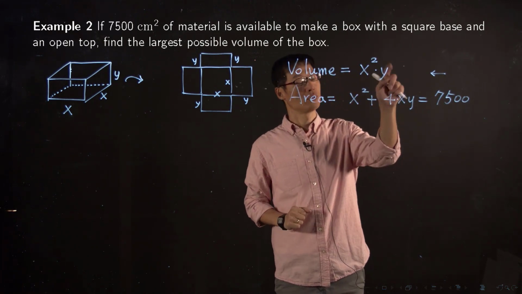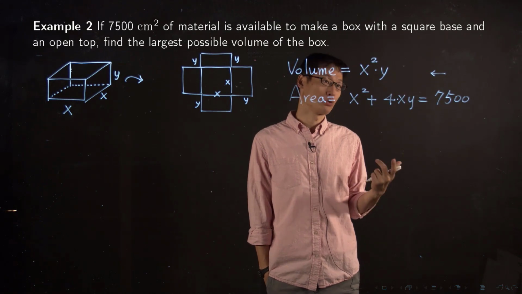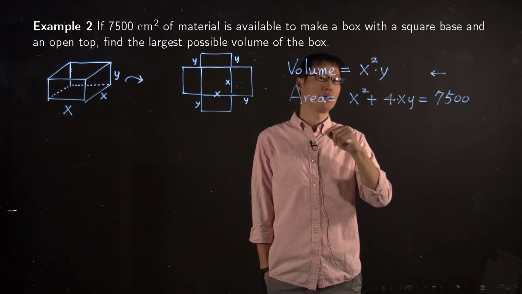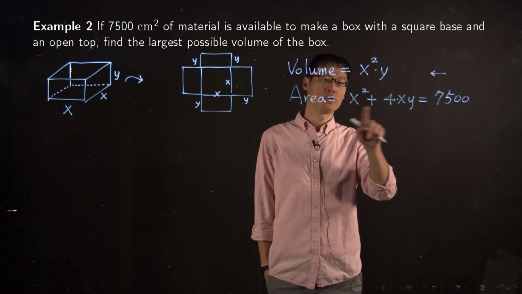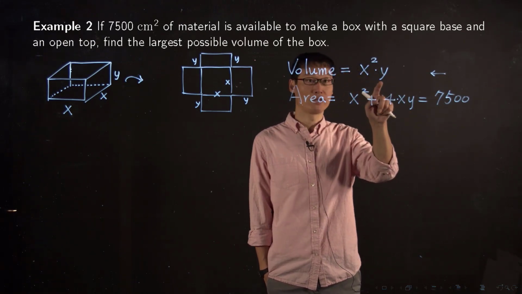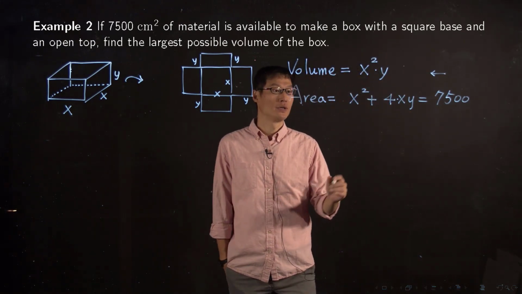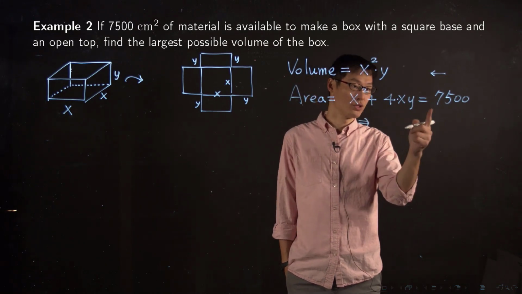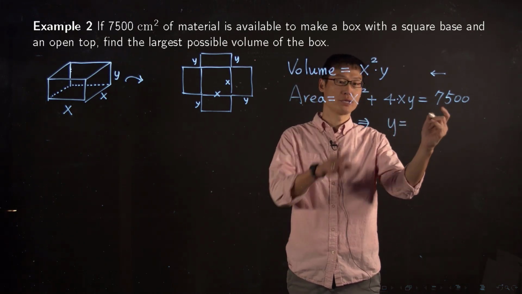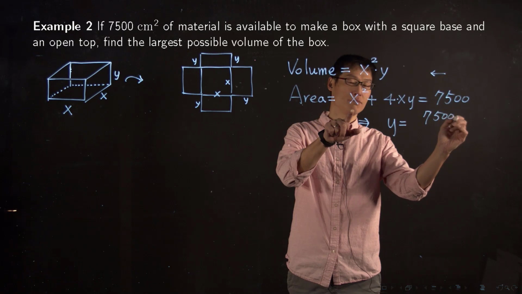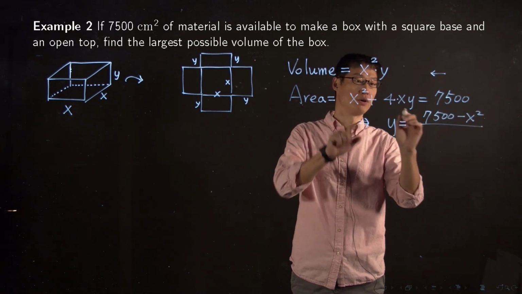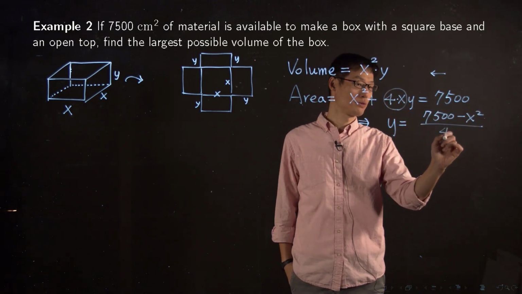It seems better to eliminate y. If you solve this identity for y, you will get rid of this y. So y is 7,500 minus x squared over 4x.